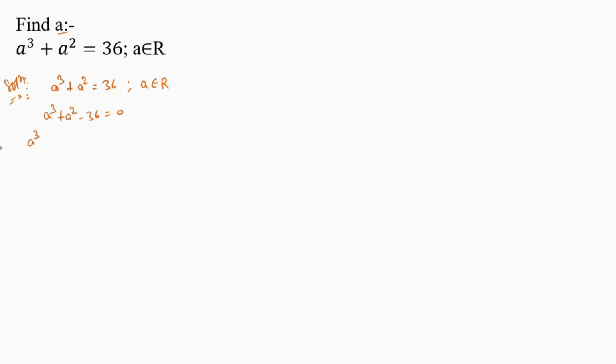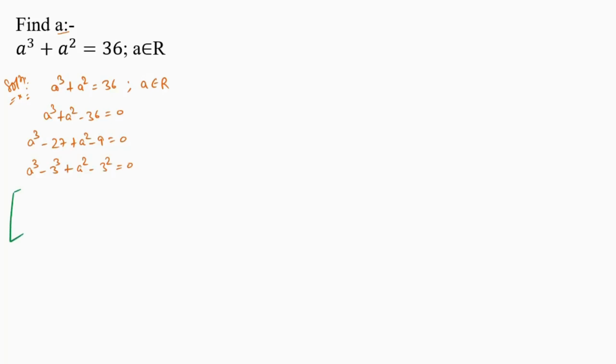equation as a cube minus 27 plus a square minus 9 equals to 0, which will become a cube minus 3 cube plus a square minus 3 square equals to 0.